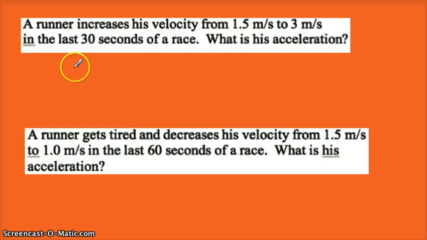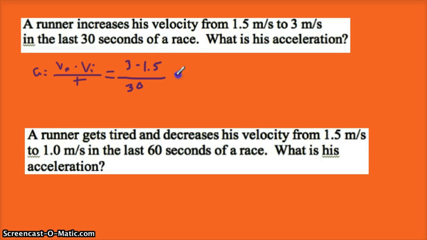Okay, let's find some acceleration here. A runner increases his velocity from 1.5 meters per second to 3 meters per second in the last 30 seconds of a race. So, acceleration equals final velocity minus initial velocity over time. The final velocity is 3 meters per second minus the initial velocity, which is 1.5, over the seconds. The time is going to be 30.